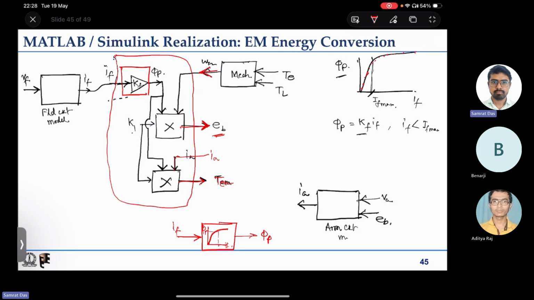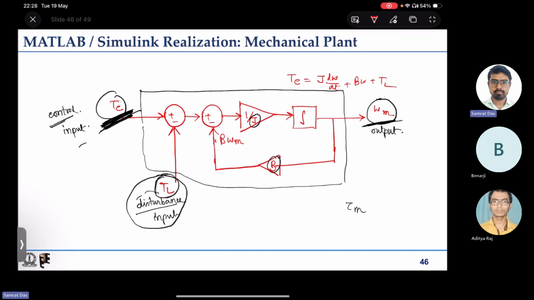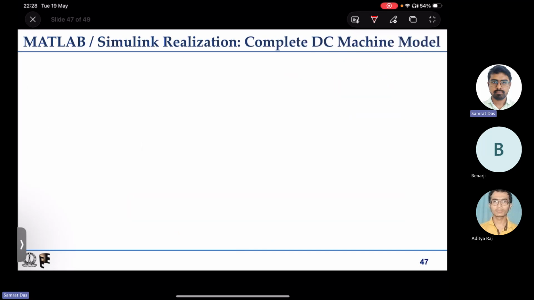So this can be done to take care of the nonlinearity between IF and phi p, right?